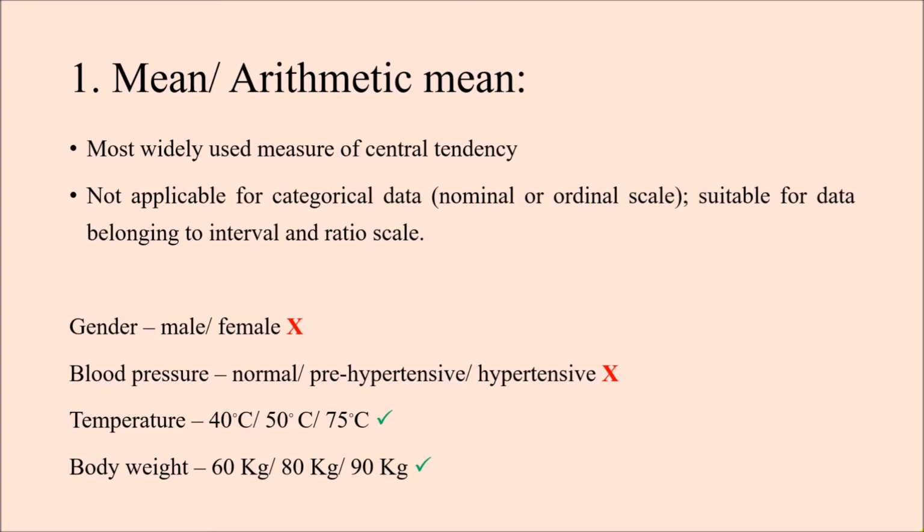So the last two examples are interval scale and ratio scale respectively. In the case of nominal and ordinal scales, we cannot use the arithmetic mean, so a red cross has been put beside each example. For interval and ratio scales, we can use the mean, so there are green tick marks.